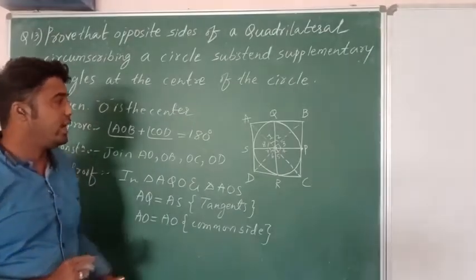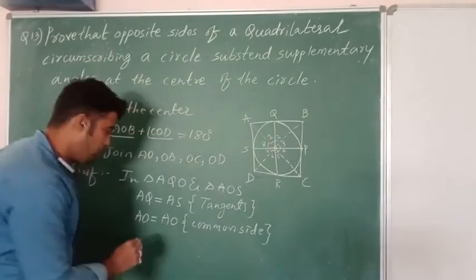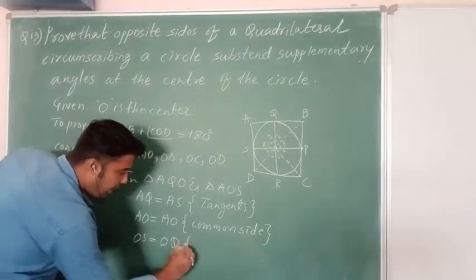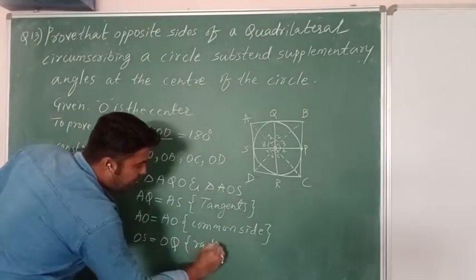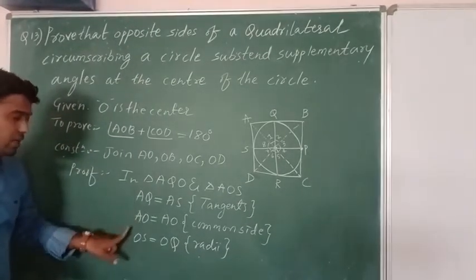Or else you can take another side, OS is equal to OQ, and these you can write as radii. They both are the radii of the same circle. So here also side, here also side, here also side.